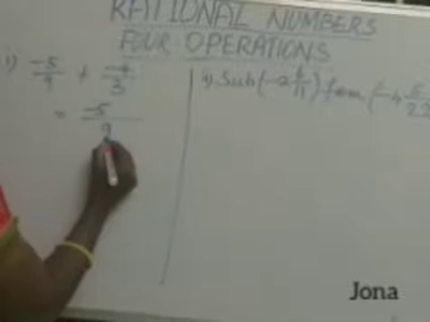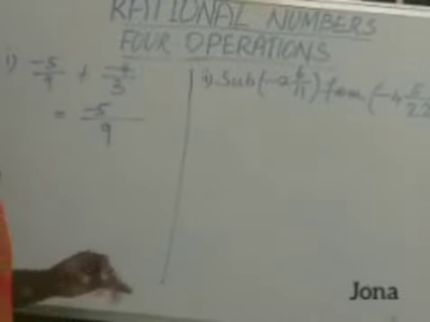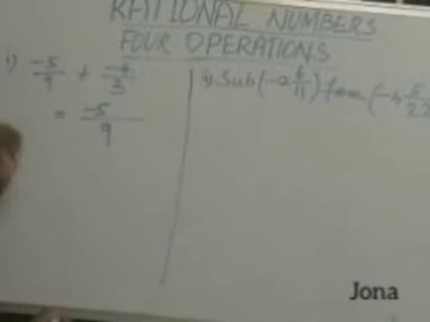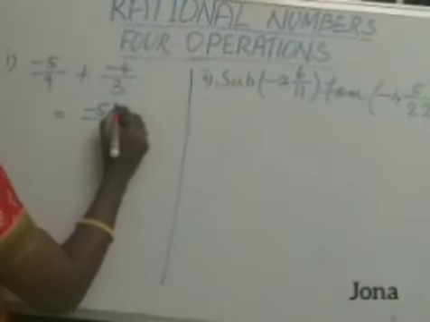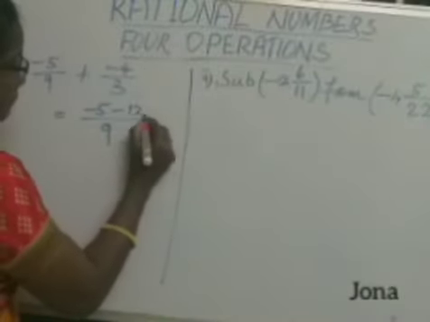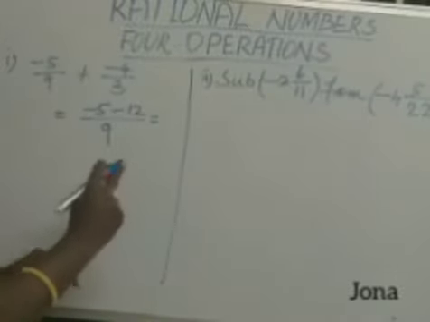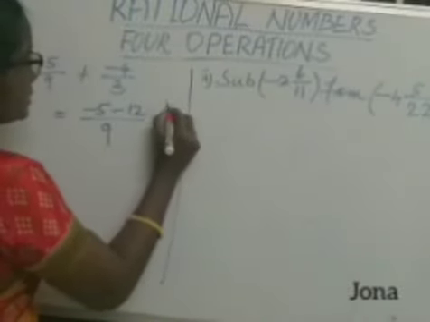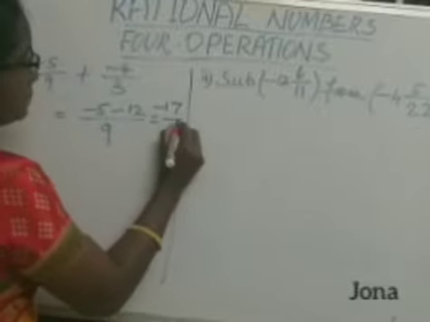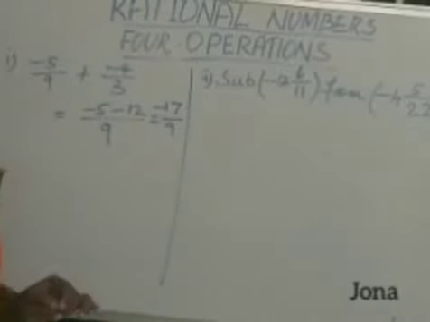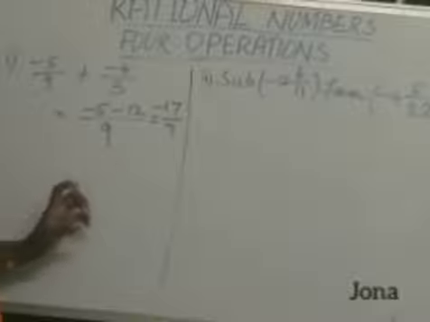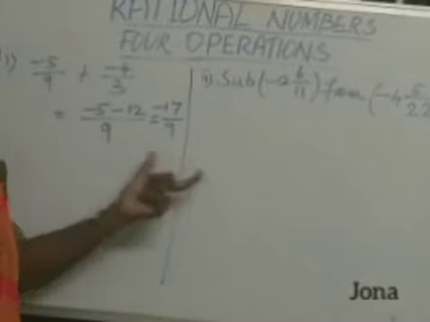Plus, in 9 how many 3s are there? Three 3s. So 3 fours are 12, minus symbol is there, so minus 12. Here minus and minus, both symbols are the same, so add the numbers, 17, and put the same symbol, divided by 9. Suppose this is for addition.